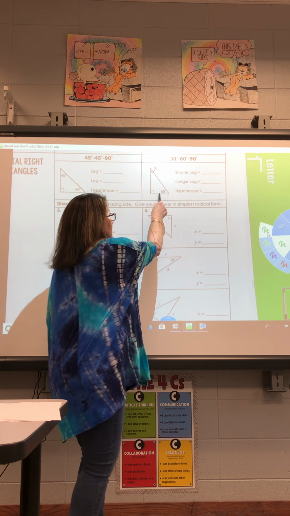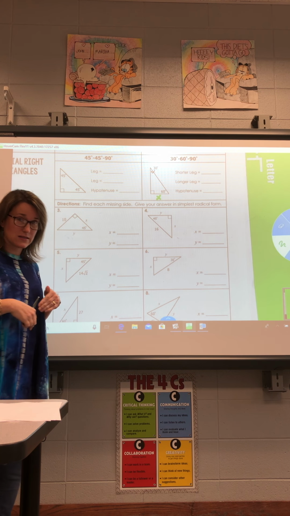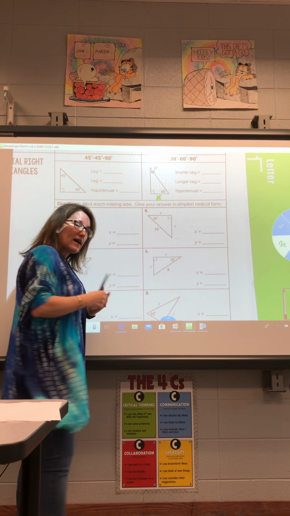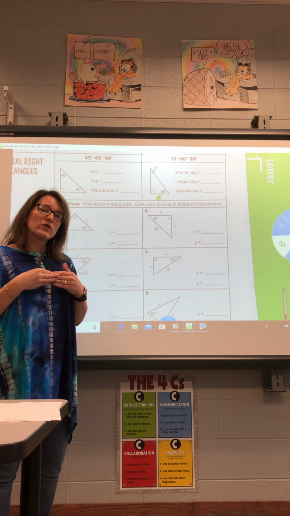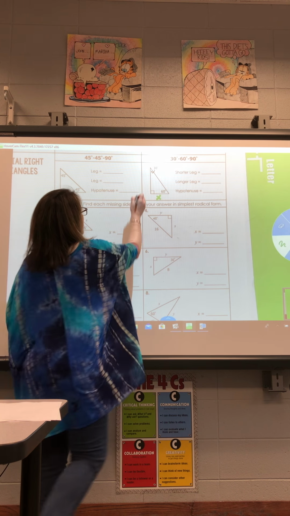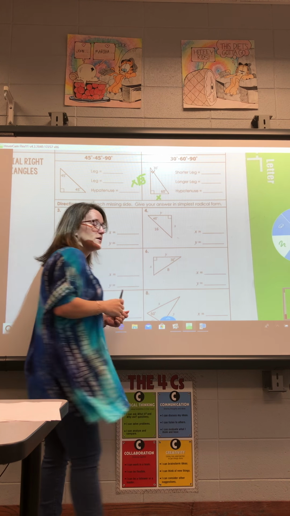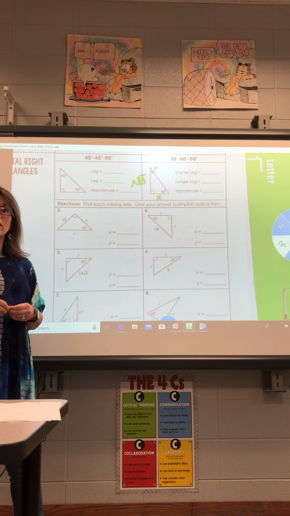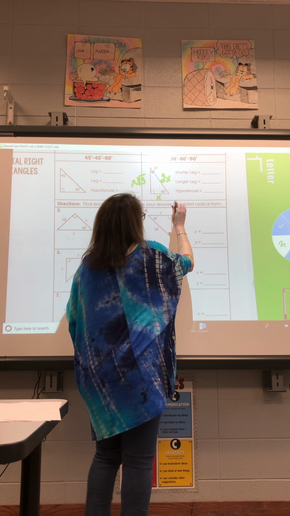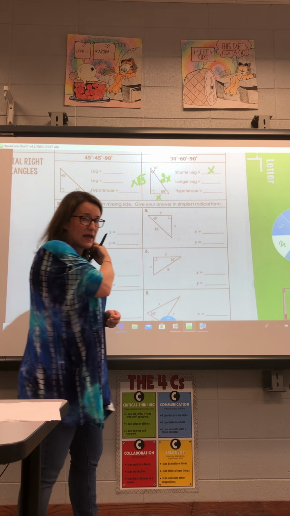With the 30-degree angle, since it's the shortest side, we're going to let that equal x, okay? The 60-degree angle, our middle value or our longest leg, we're going to let that one equal x times the square root of 3. And then across from the right angle, our hypotenuse or our biggest side, that one is going to equal 2x. So our shorter leg across from the 30-degree angle is going to be x.